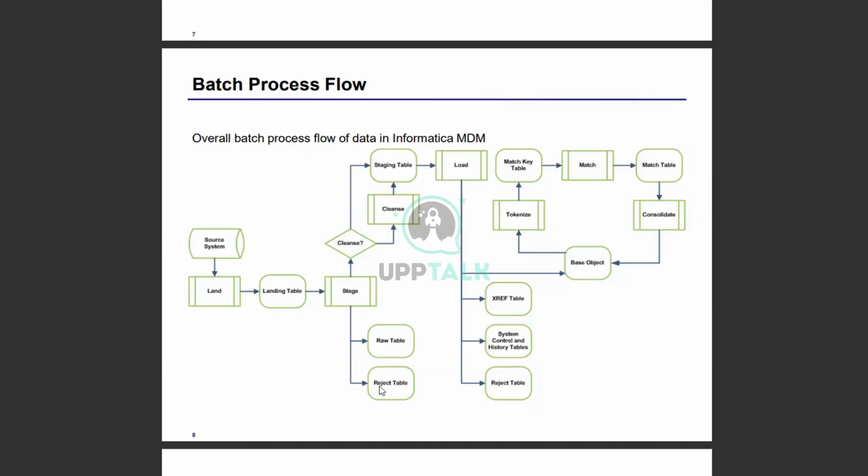If we have created the configuration for auditing, then the data will be sent to the raw table. If we have created the data for our audit layer, then we'll have two different tables for that particular purpose.